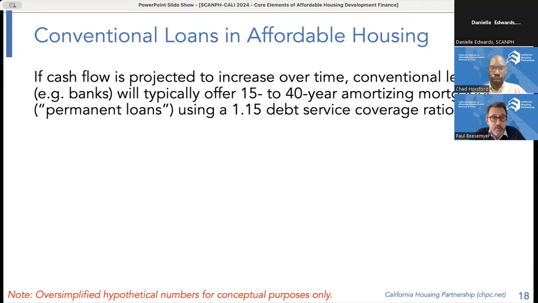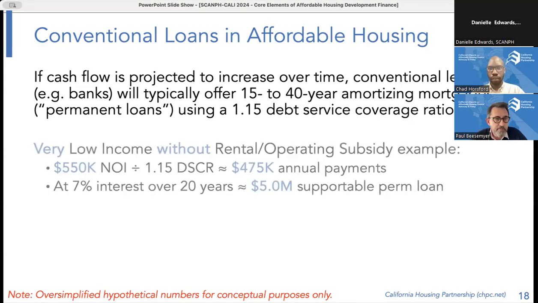As long as, and I'm generalizing, we can reasonably project that cash flow will increase over time, then a lender, a bank, or an agency lender lending on behalf of Fannie Mae or Freddie Mac or even HUD FHA will offer various mortgage products with 15 to up to 40-year amortization, using debt service coverage as low as 1.15. So let's go to the next one.